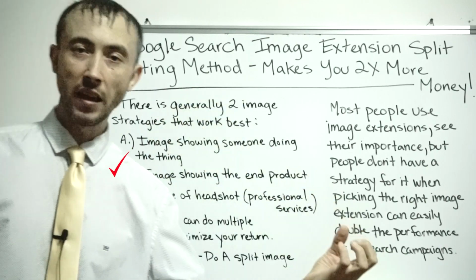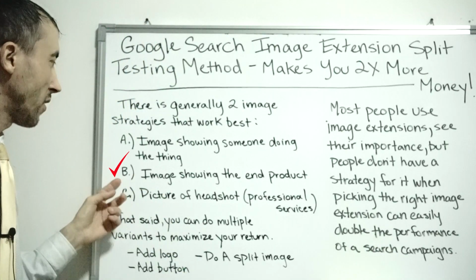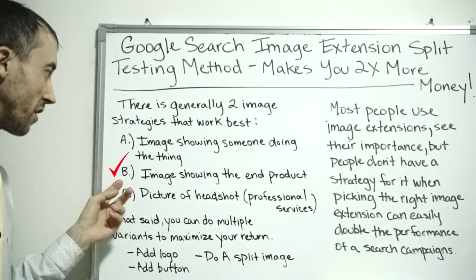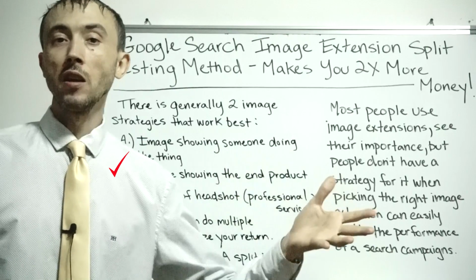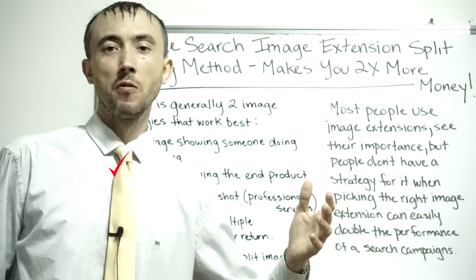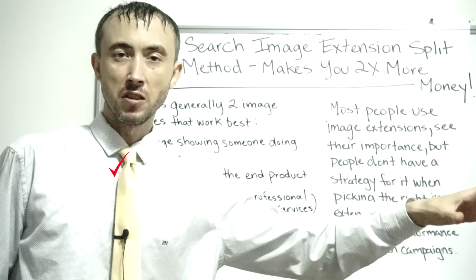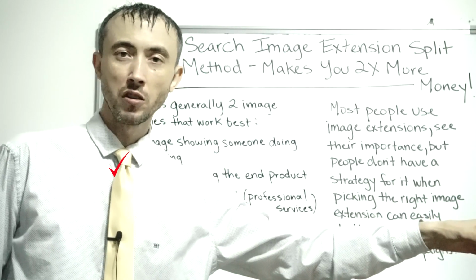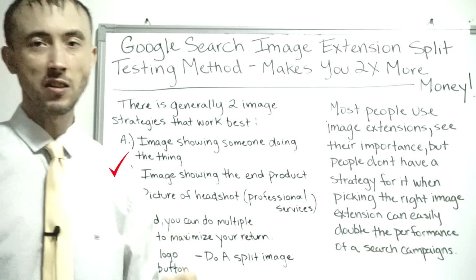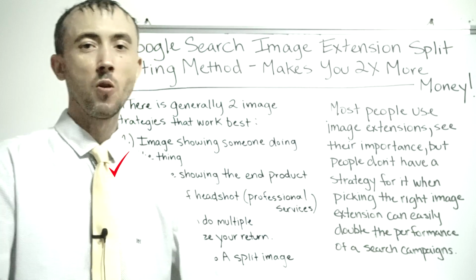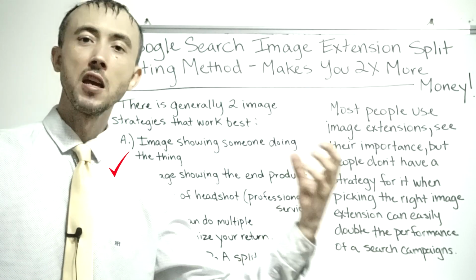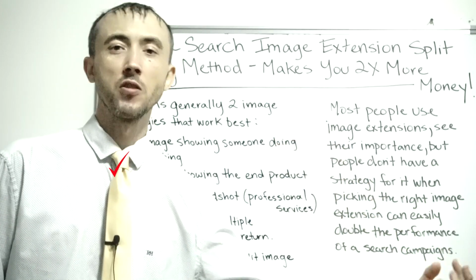So you're going to show the product, or going back to services here again, like in the floor buffing space. If you want your concrete floors to look good, what looks good in that space is not somebody cleaning and polishing the floors physically, but showing the end product of what the floor looks like after the polishing is done.